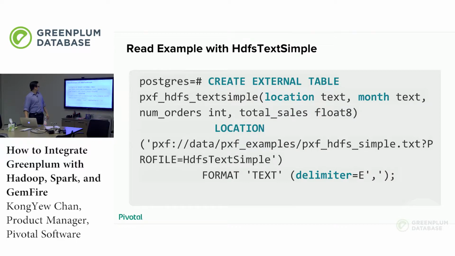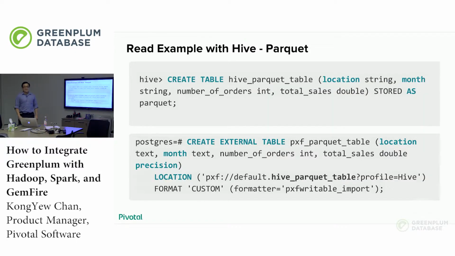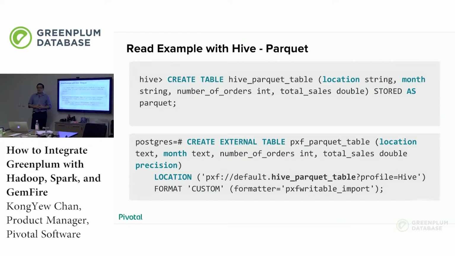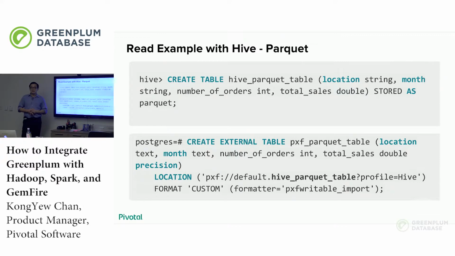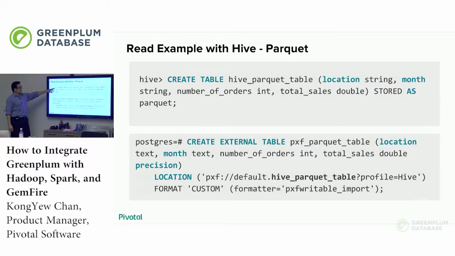A more complex example will be this. Most Hadoop users would have a Hive table. A Hive table allows you to create a table using the tools provided by Hive. In this case, you use the Hive shell, and you create a table with a Parquet format with the following columns.